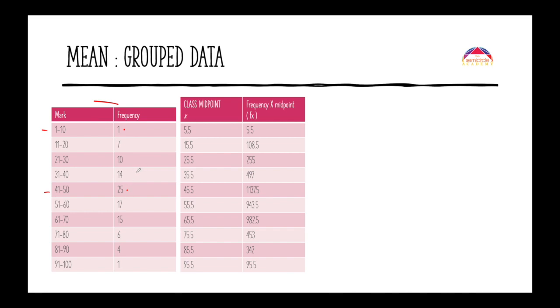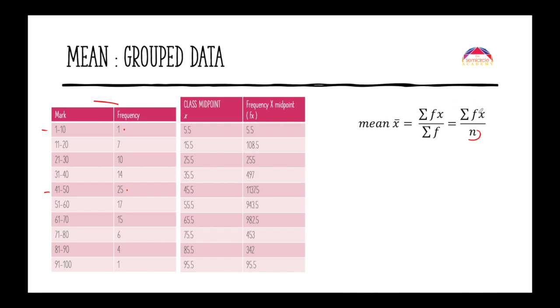So what we need to do is find the mean, and we have grouped data this time. Essentially, the mean is pretty similar to what we did before. We have the summation of the frequency times x, x being the mark in this case, over the summation of the frequency, and we know the summation of the frequency is the total number of students.